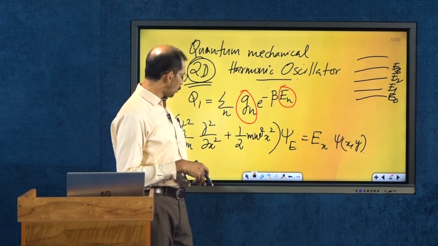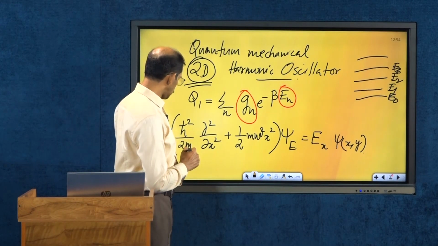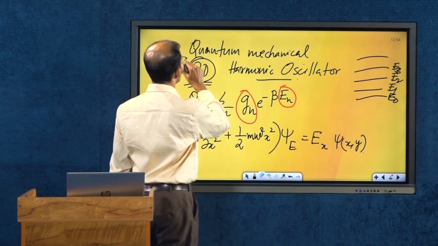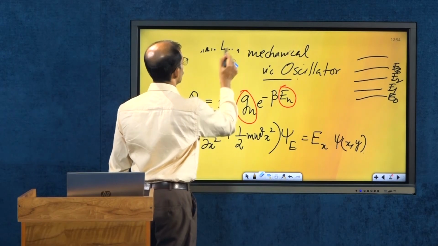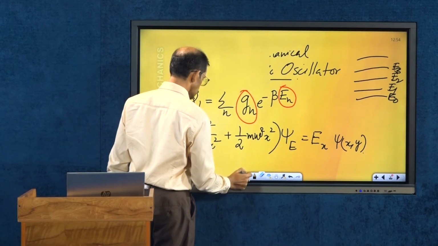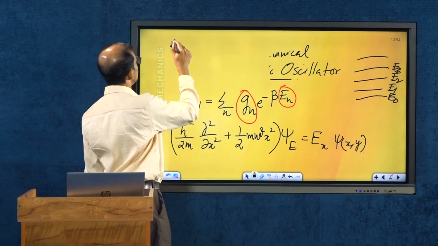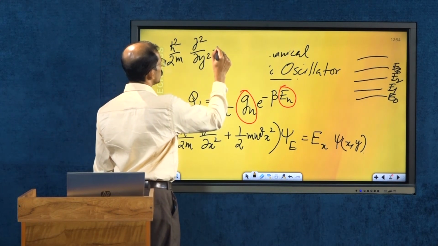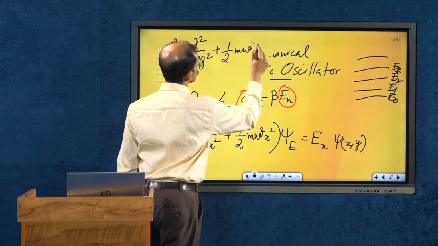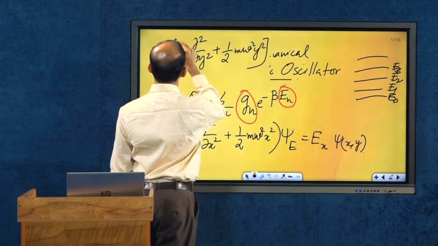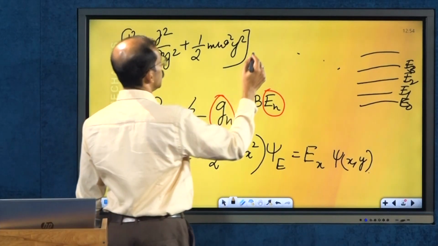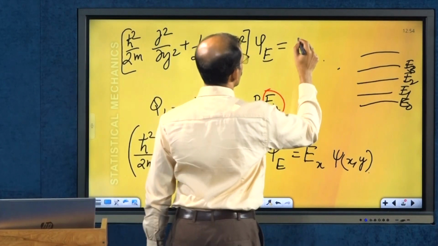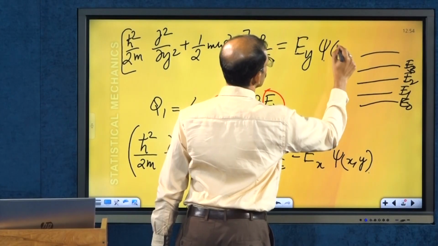And therefore, corresponding to the y-axis, I can similarly write right below the factor for the y direction: minus h cut squared by 2m dou squared by dou y squared plus half m omega squared y squared, acting on psi, equal to Ey psi.